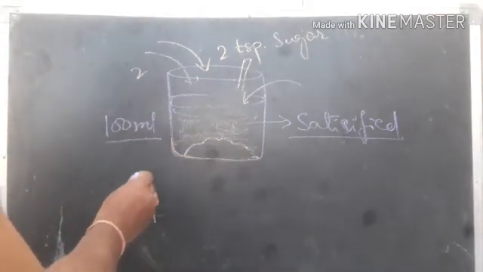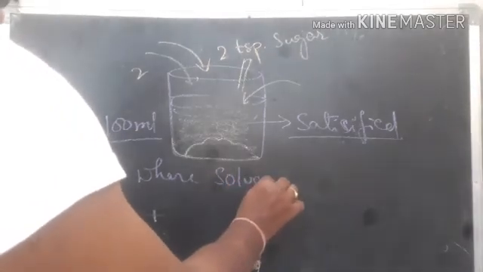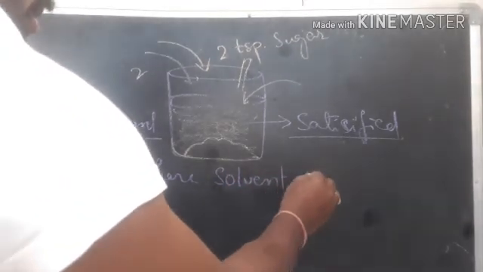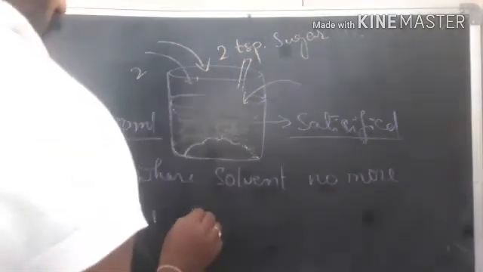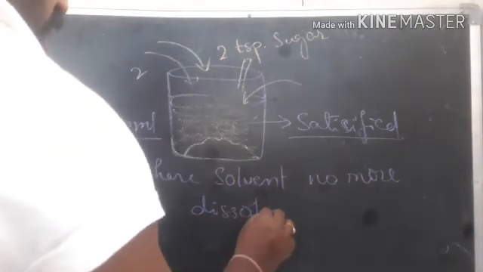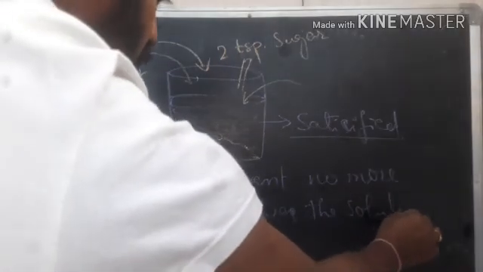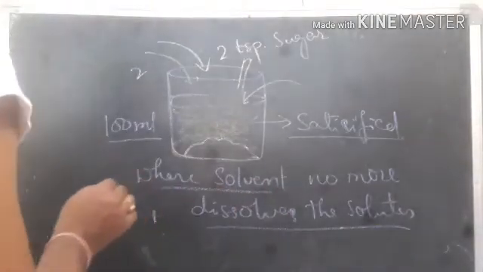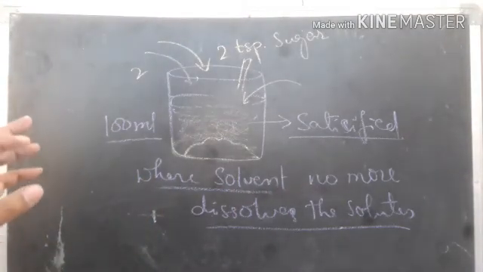So the condition where the solvent no more dissolves the solutes, this is what we call saturated solution. In case of saturated solution, what happens?